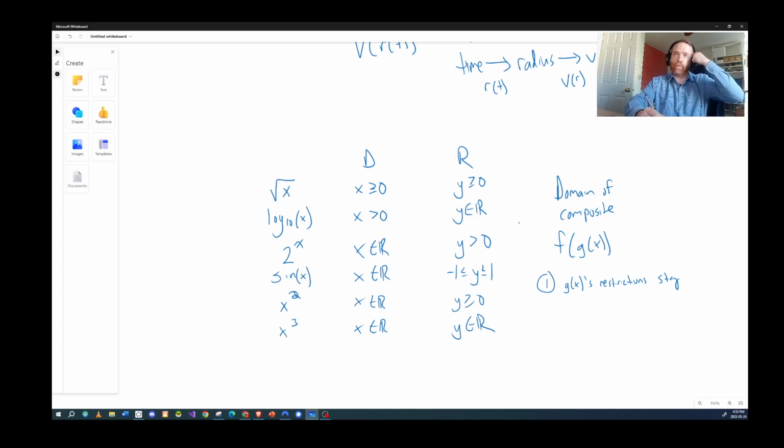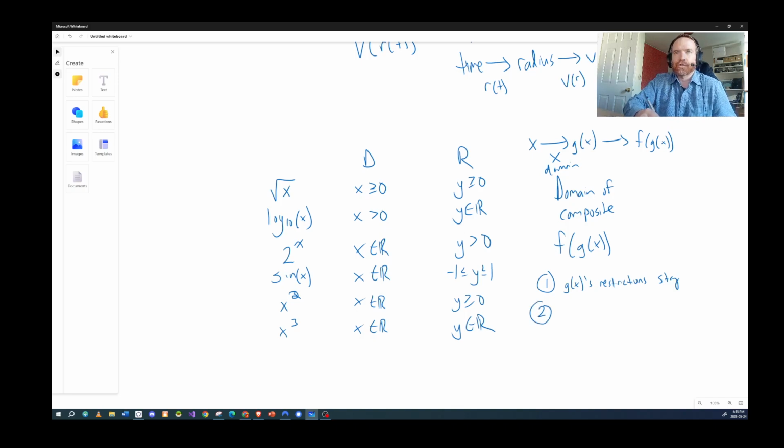And you think about why. Well, x has to go into g of x, and then g of x has to go into f. So obviously, if x isn't in the domain of g, the whole thing breaks down immediately. You can't even do the first step. So you have to keep g's restrictions, the inner function's restrictions.